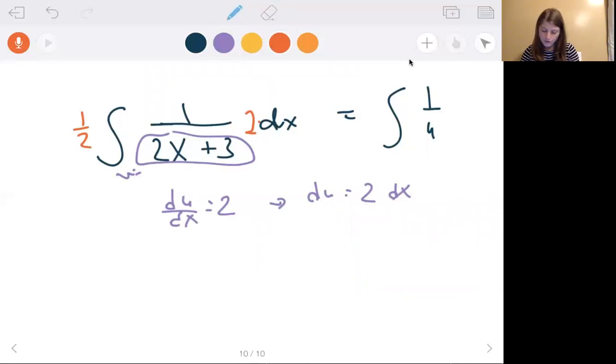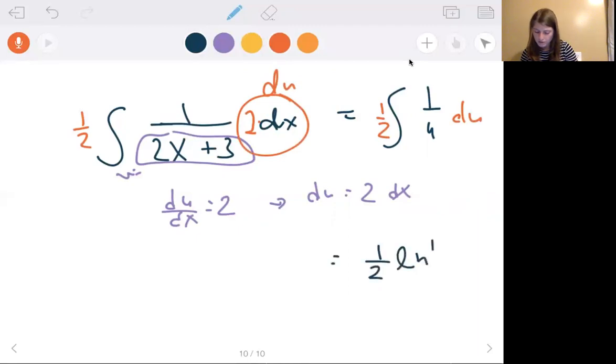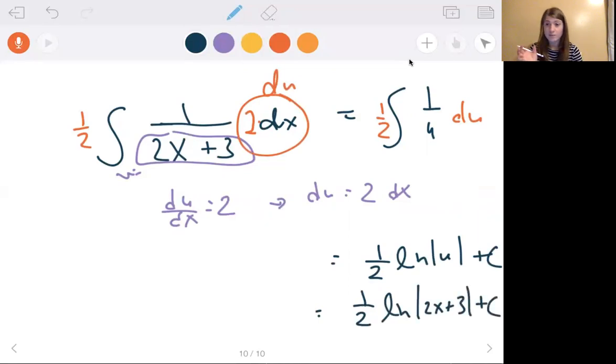But this becomes 1/2, and then all of this part is going to be my du. Then this gives me 1/2 natural log absolute value of u plus c. And in this situation, I've got to leave that 2x plus 3 alone inside that absolute value because 2x plus 3 can be negative if you have some negative x values at least.